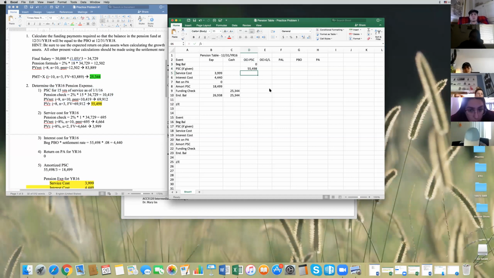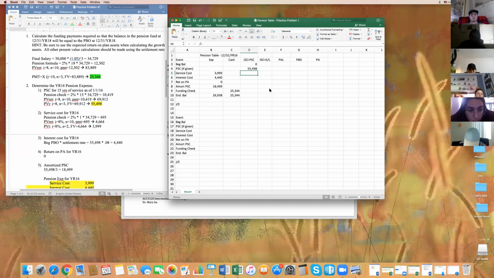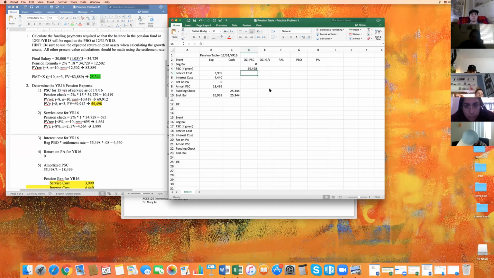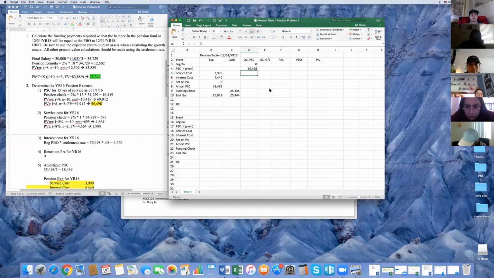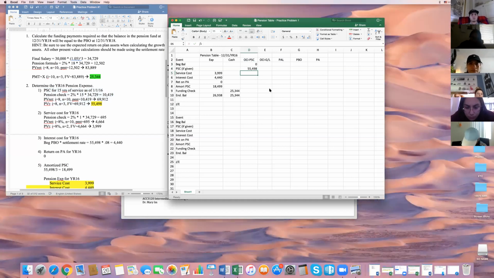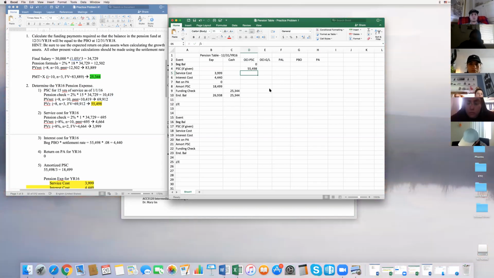That basically reduces our other comprehensive income. OCI stands for other comprehensive income, and it is still an income, even though it's not part of the income statement. So if it is an income, not a loss, then it will have a credit as a normal side.